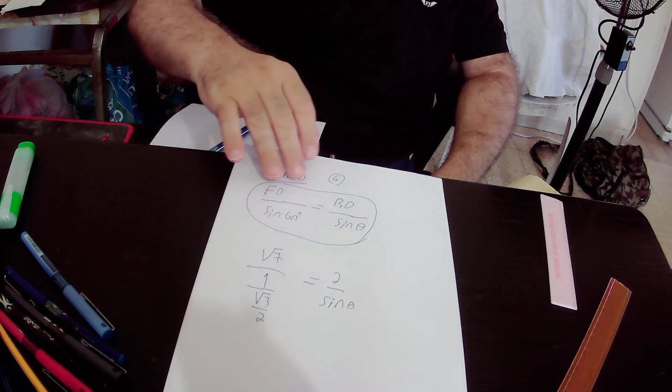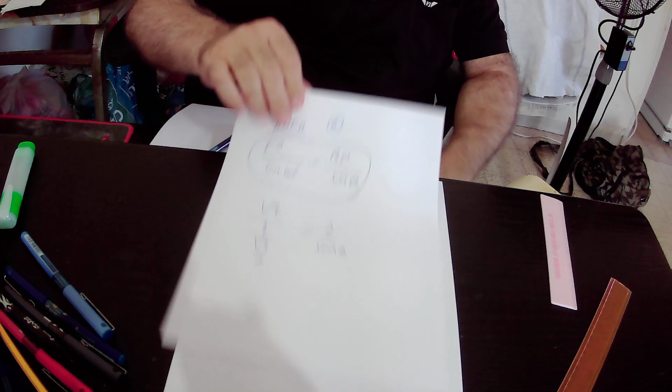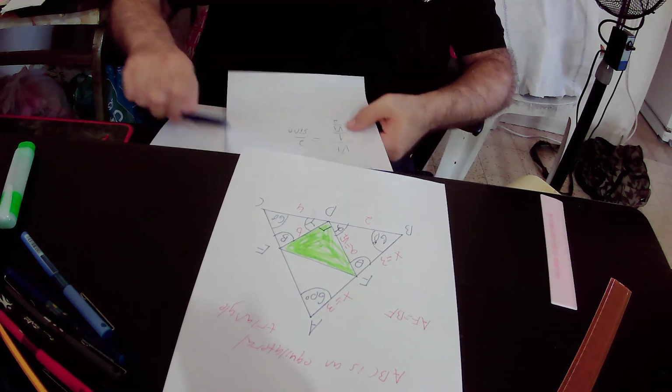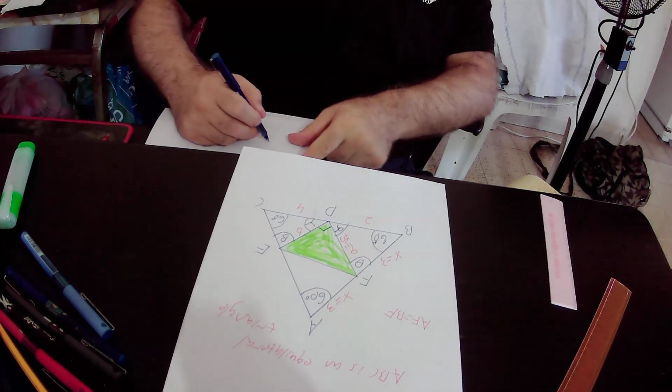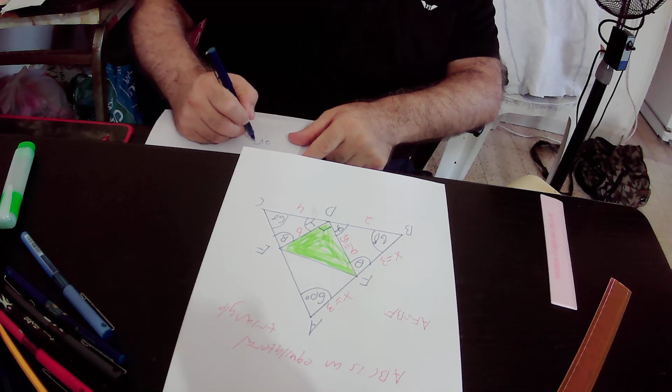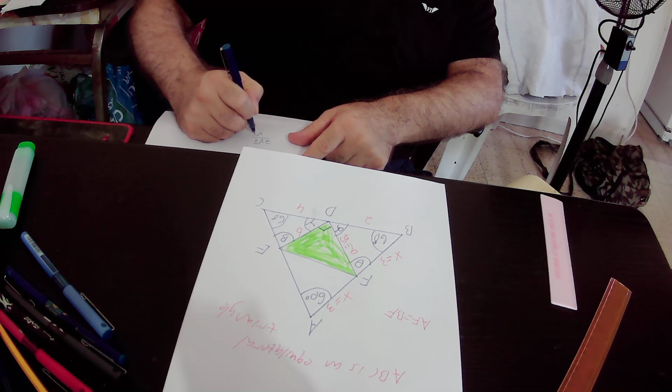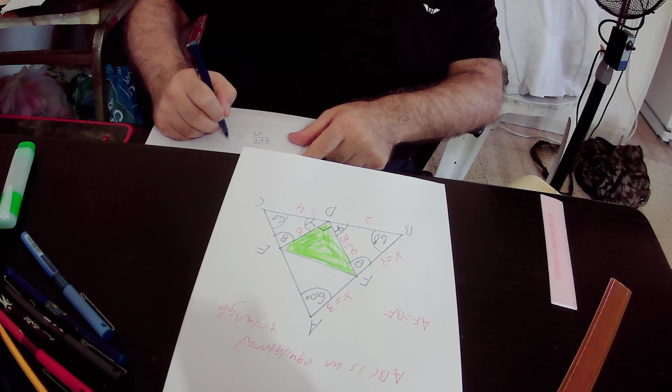Here we can do the simple arithmetic. We'll get that 2 times the root of 7 over root of 3 equals 2 over sinus theta.